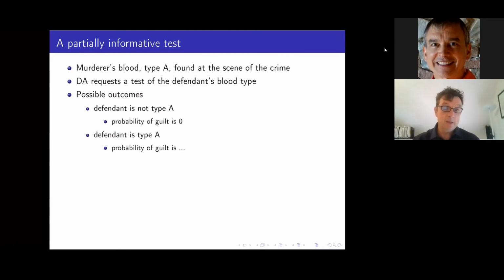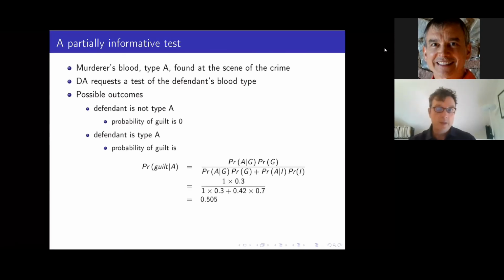If the defendant is not type A, then clearly he cannot be the murderer, because the murderer's blood type is A. If the defendant is of type A, then of course it increases the prior probability, and we can compute what the posterior probability is that that person was indeed the guilty defendant. So we have observed that the blood type is A, therefore we can compute by Bayes' law, by Bayes updating, the probability of him being guilty.